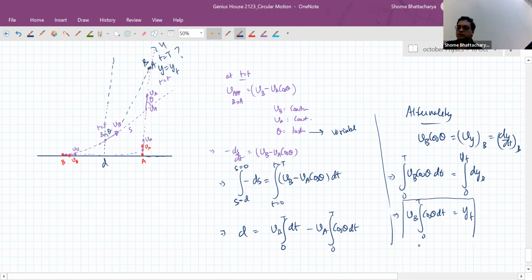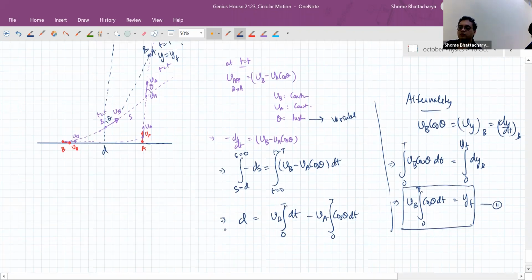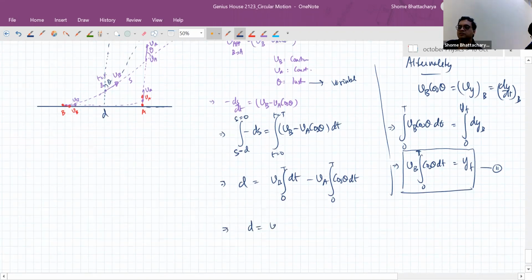Let's see. We still got a whole bunch of unknown quantities. Okay, but now we can use this trick. Now this first equation, let me modify it a little bit more. So this can be written as VB into capital T, minus VA into this integral thing from 0 to t. So this is my first equation.